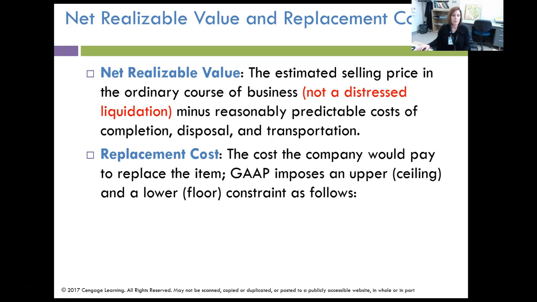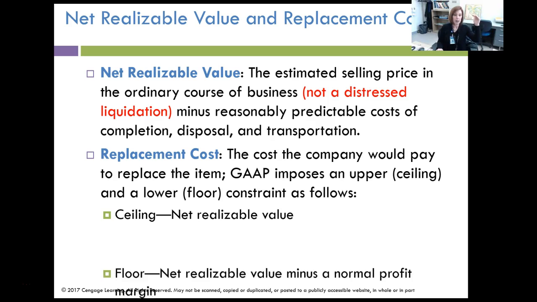So the ceiling under the replacement cost analysis is this net realizable value. So ordinary course of business sale less some appropriate costs. And that's the top level that we can go to when looking at replacement costs.